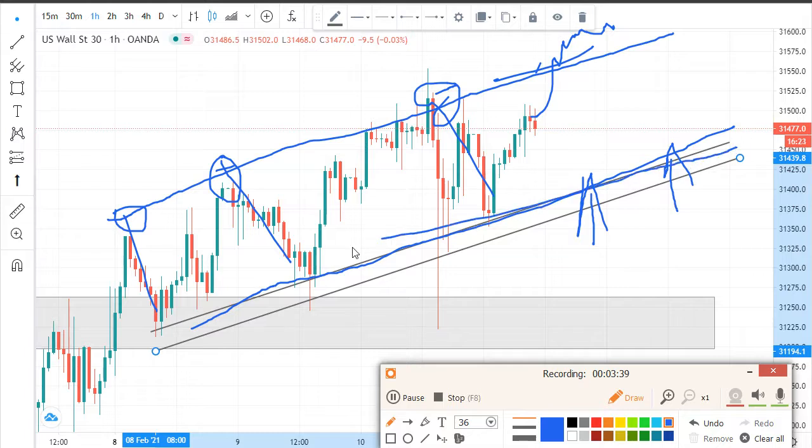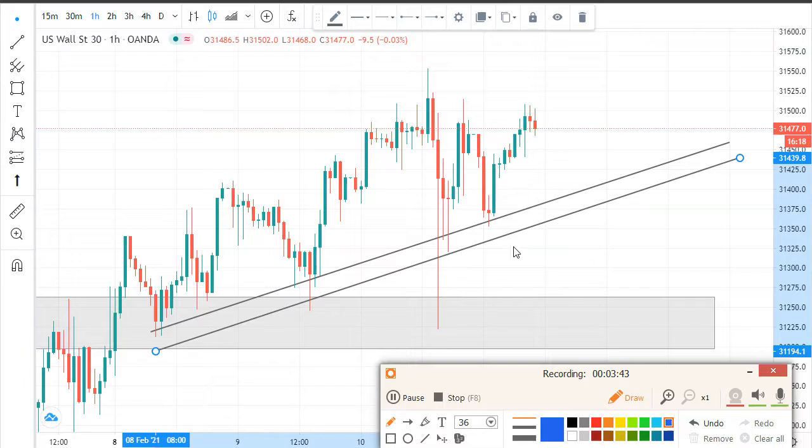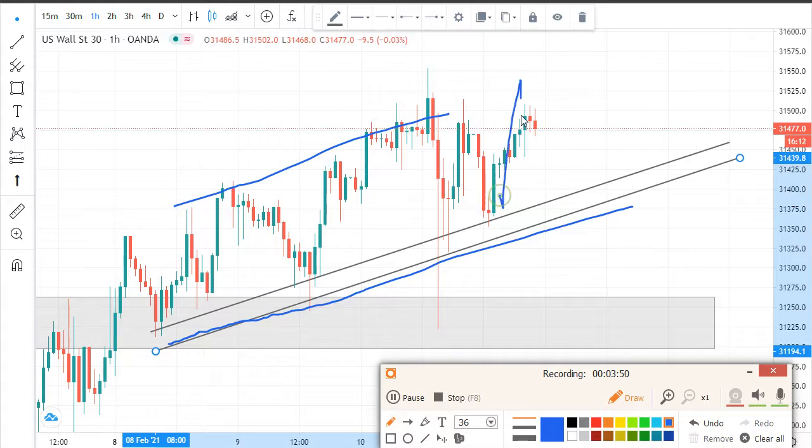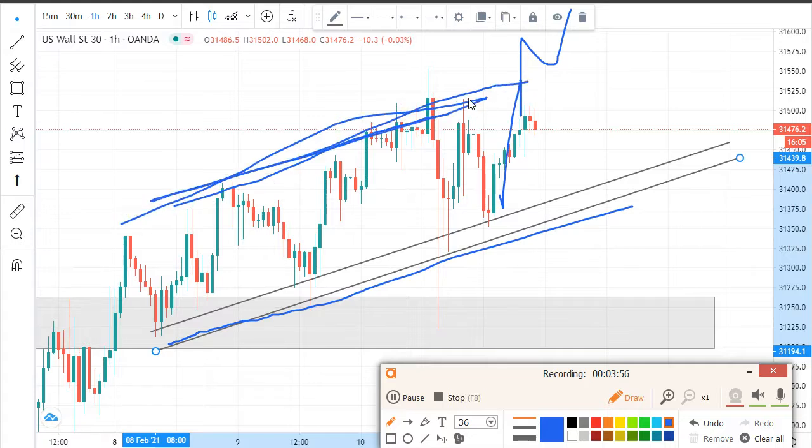The one that we can rely on at the moment is our support, just because the market is going up. So we don't really care about this one, because the market can just create higher highs that don't even follow this resistance line. So forget about that one.